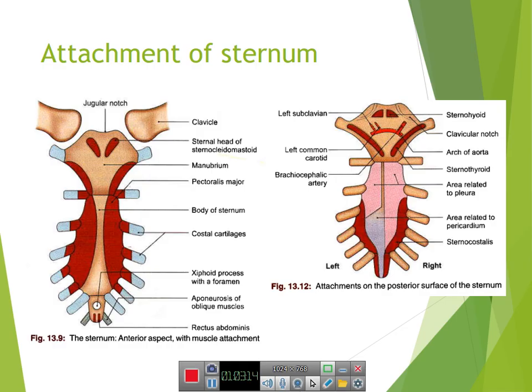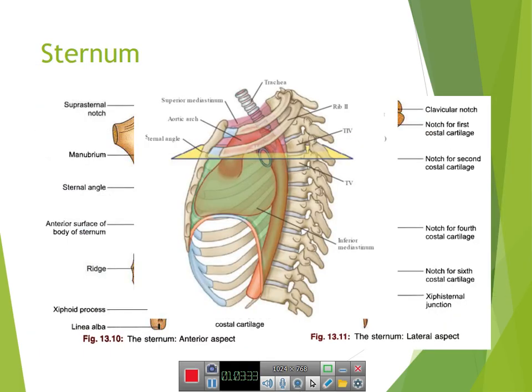The suprasternal notch gives attachment to the lower fibers of the interclavicular ligament and to the two subdivisions of the investing layer of the cervical fascia.